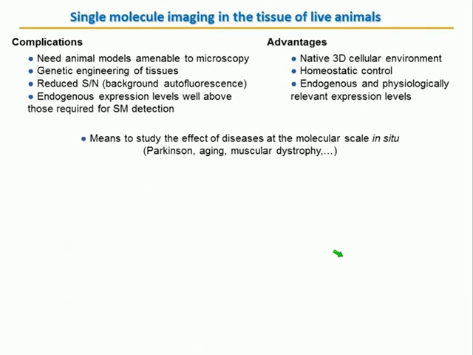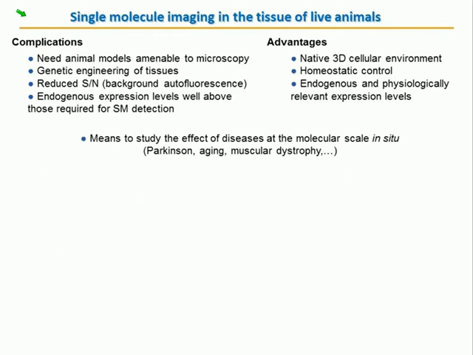And so when you want to do such a move, it obviously comes with a few complications as well as advantages. So obviously you need to find animal models that are amenable to microscopy if you want to achieve single molecule imaging in live tissues.